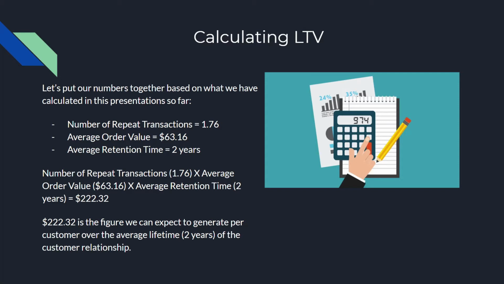So the calculation goes: 1.76 times the average order value of $63.16, multiplied by the average retention time of 2 years. That equals $222.32. This is the figure we can expect to generate per customer over the average lifetime of your customer relationship, which was, in this example, 2 years.